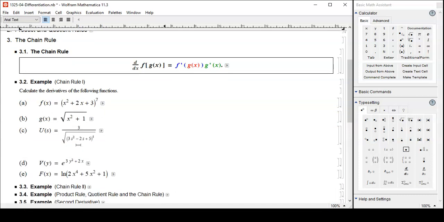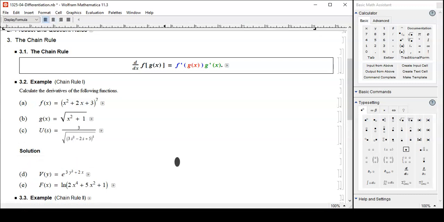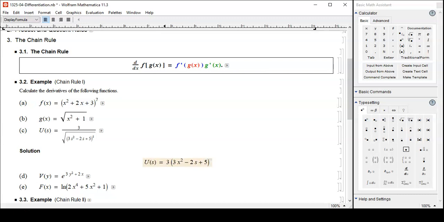Here's another problem. Try it on your own. Stop the playback and try it on your own. If s is 3 times, what is this? 3s squared minus 2s plus 5 to the what power?